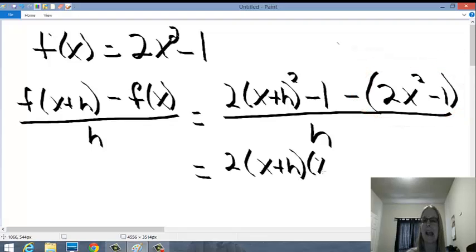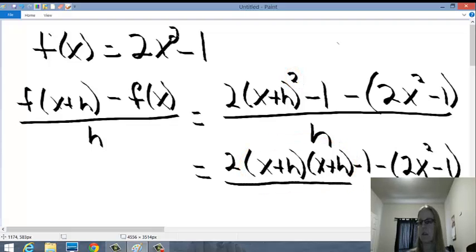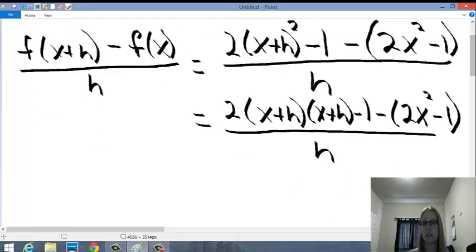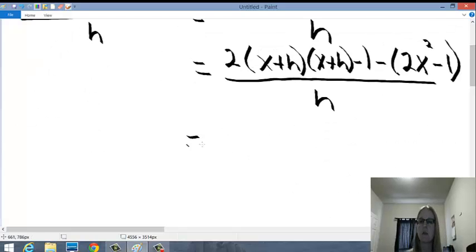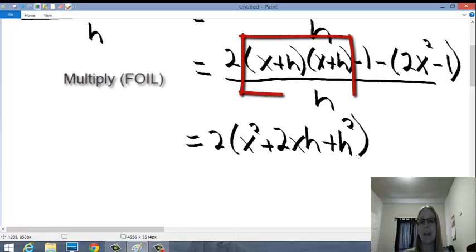When you see that x plus h squared, that's going to go ahead and be written twice. So you'll see I've got that written twice, and then the rest of it, the f of x, is the regular function as it is, still all over h. Then we're going to continue simplifying this. So 2 times x plus h times x plus h, we go ahead and actually simplify that.